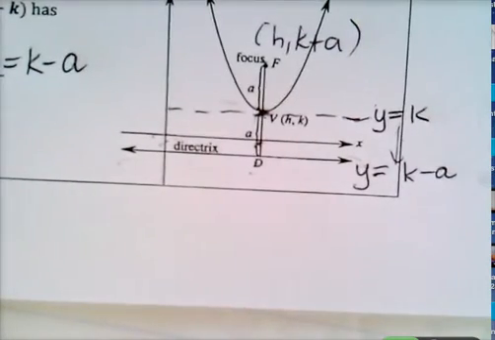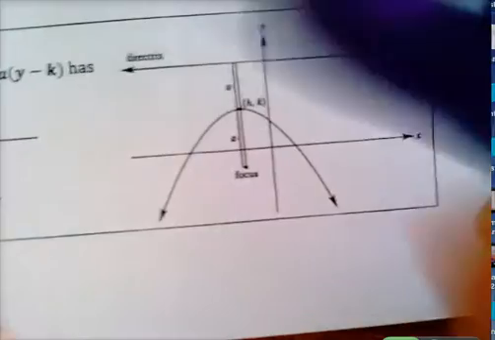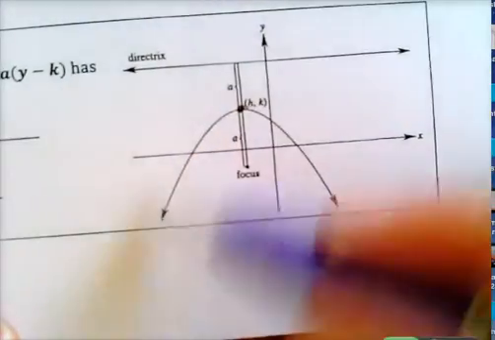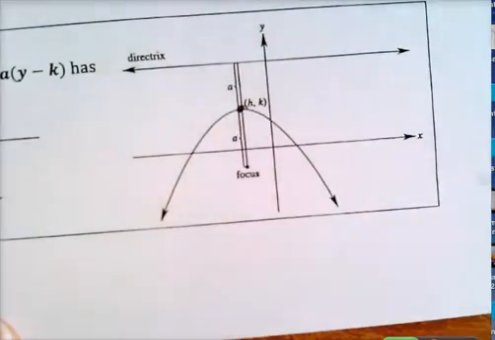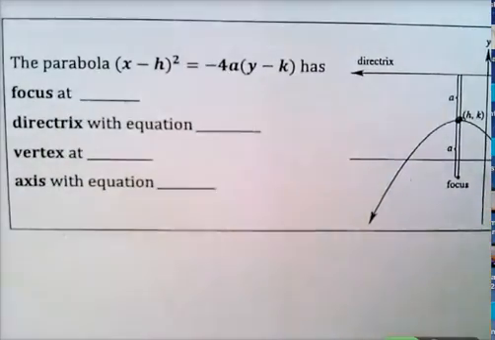Looking at the next parabola, are we okay, girls? Bottom of the other page, same sort of thing. We've got the vertex here. It's the concave down type. So it's like x squared equals minus 4ay, but with a shift in x and y. So (x minus h) squared equals minus 4a(y minus k).